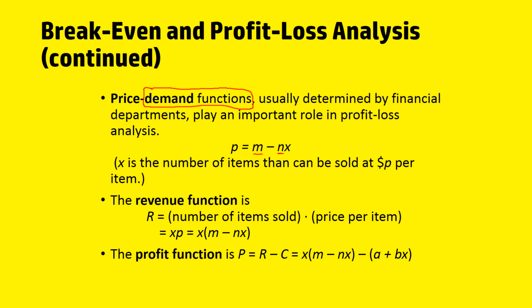Revenue function, R equals XP. Okay, R equals XP. Number of items produced and sold, times the price per item. Now, this is the price, that's P right there, and you don't really have to remember all of this.